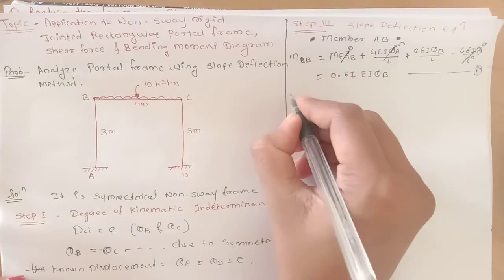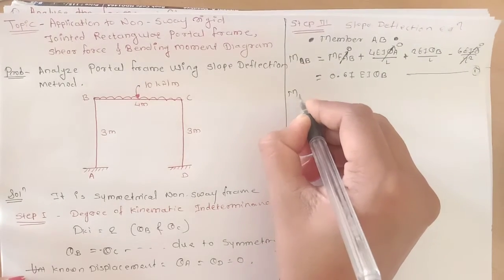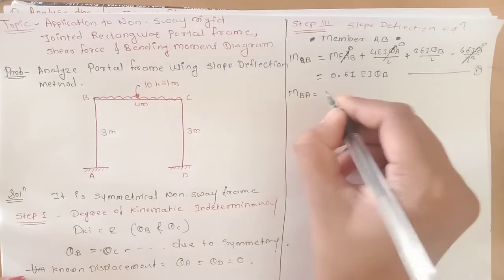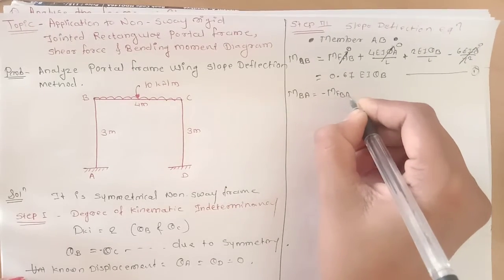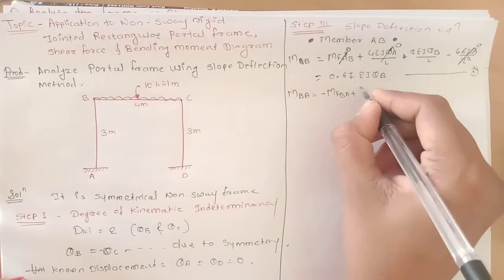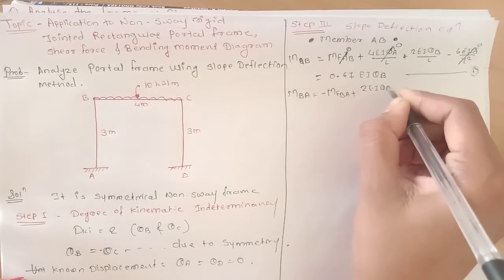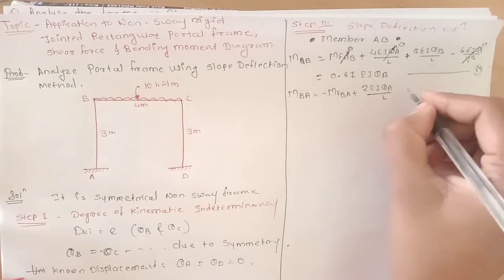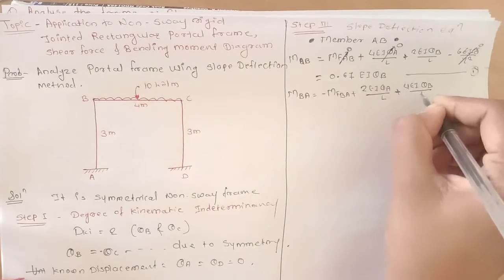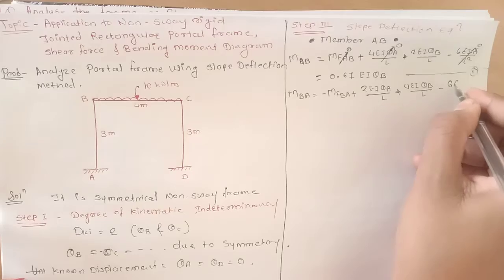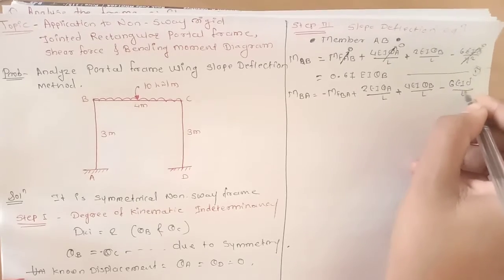Then next, the slope deflection equation for member BA is, the formula is fixed moment for member BA plus 2EI theta A divided by L plus 4EI theta B divided by L minus 6EI delta divided by L square.